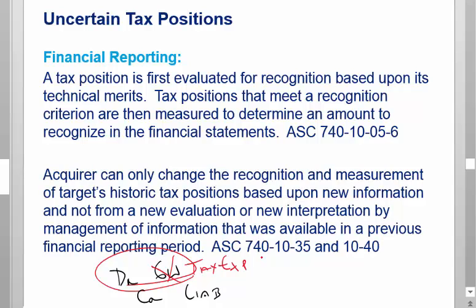So in acquisition accounting, you often see buyers take a very conservative view of the exposures of a target, and they want to accrue those in the opening balance sheet. That gets a little tricky when the target should have been applying FIN 48 and the buyer should apply FIN 48. It's like the same facts, it's the same company, it's the same rules. So you're like, how do you get totally different answers?